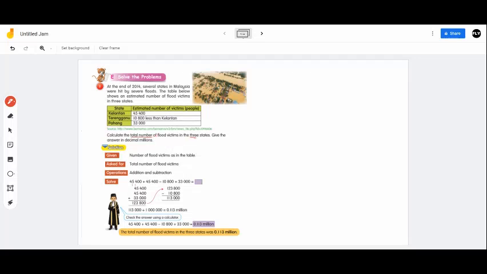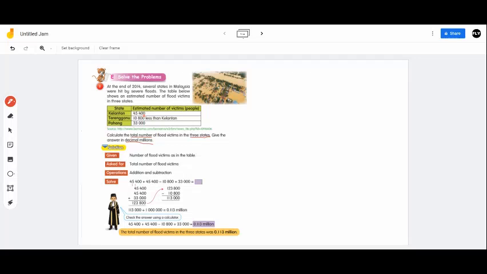So you have to find the total number of flood victims in 3 states. Lastly, give the answer in decimal million. Do not forget to convert your answer to decimal million. You don't have to follow the calculation from the textbook if you don't want to. So let us solve it together.